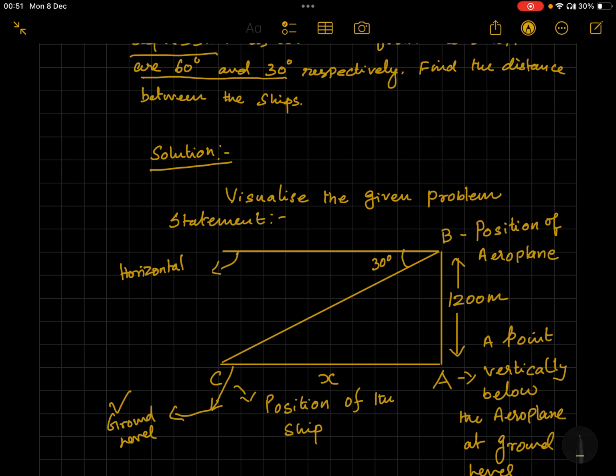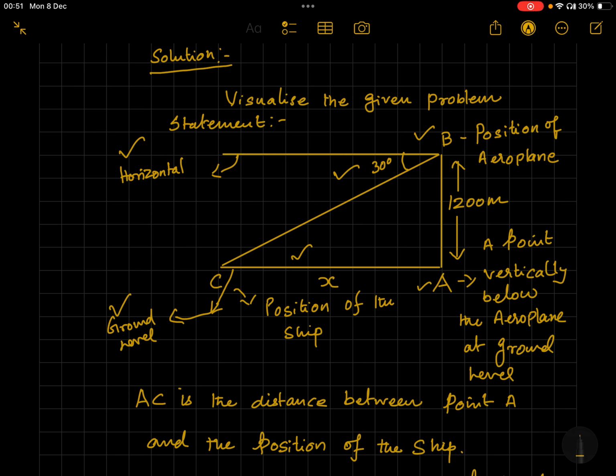Let's mark the position of the aeroplane as B, and mark a point vertically below the plane at the ground level, A, so that we can measure the distance of 1200 meters. A is a point at the ground level and C is the position of the ship.